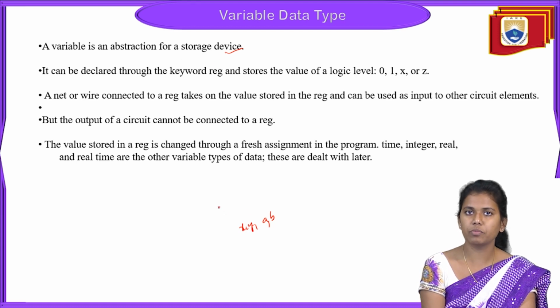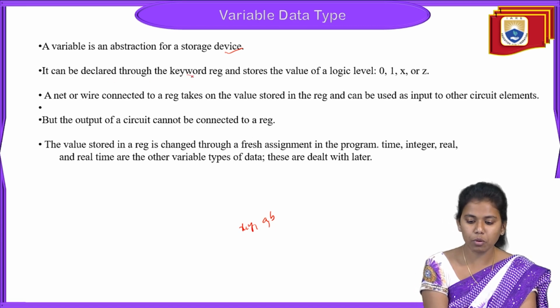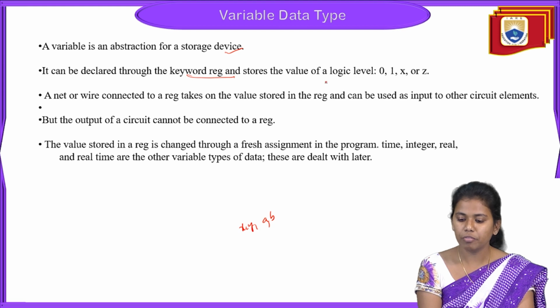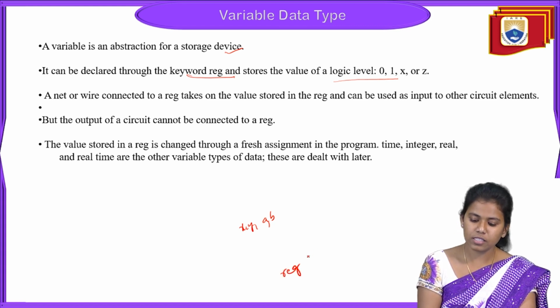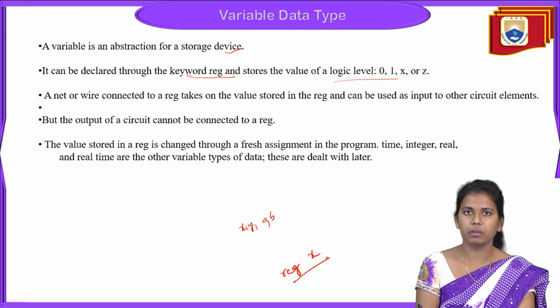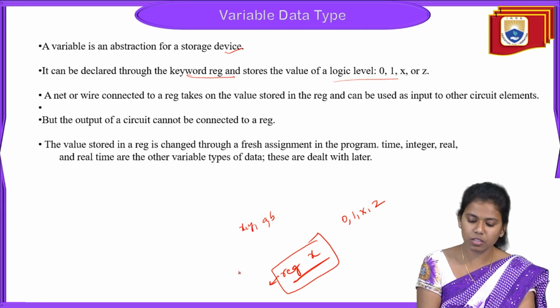We can see a number of variables in the variable library of Verilog. It can be declared through a keyword reg, and it stores the value for a logic level 0, 1, x, z. So register x, this is a variable, and we store the value of logic levels in it, in terms of 0, 1, x and z.